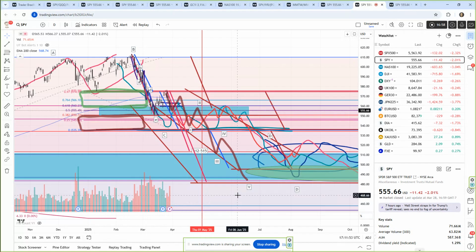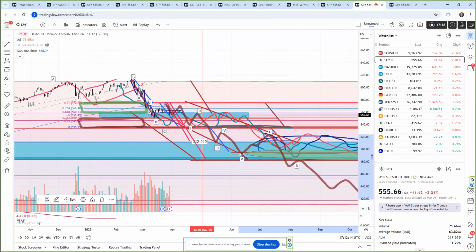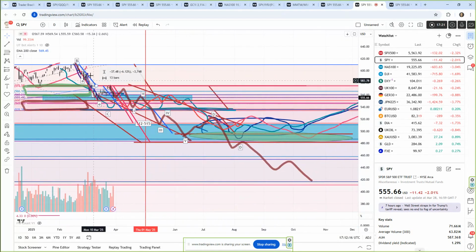So now, if this then is the end of wave C, potentially down in this area, then we would be looking at a potential pause into a pullback and then potentially moving down into a wave 3. So this would be A, B, C, D, E.